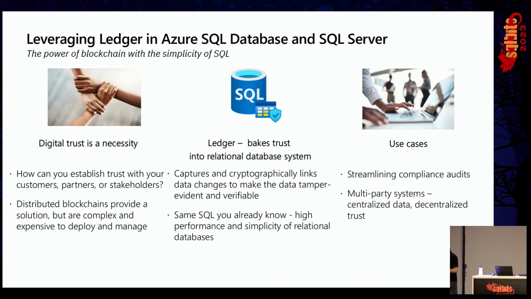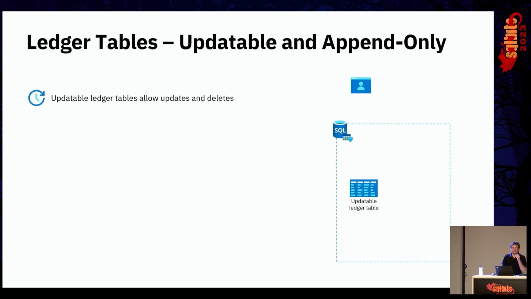The other scenario is multi-party systems. Ledger in this scenario enables parties participating in these systems to trust each other, okay? The key concept in Ledger is a ledger table. It's a table like other tables on the surface, but under the covers there is some magic that happens.